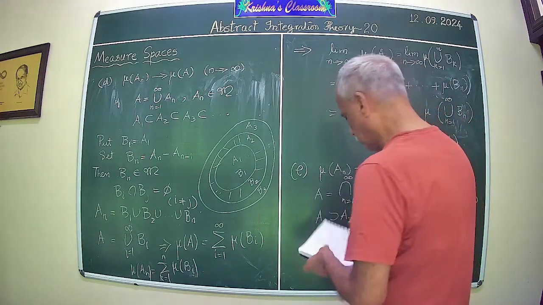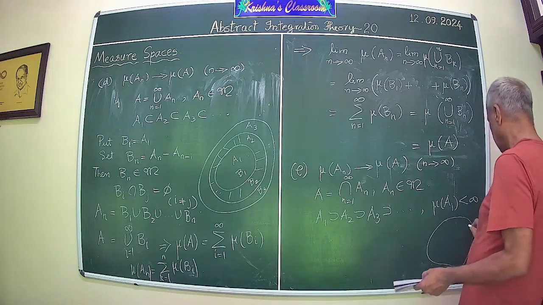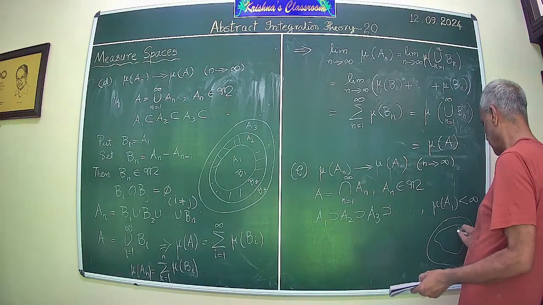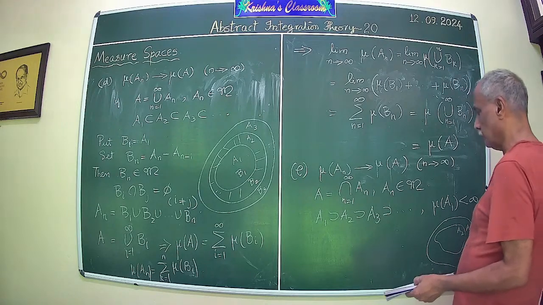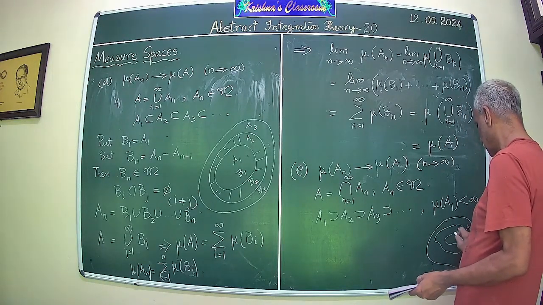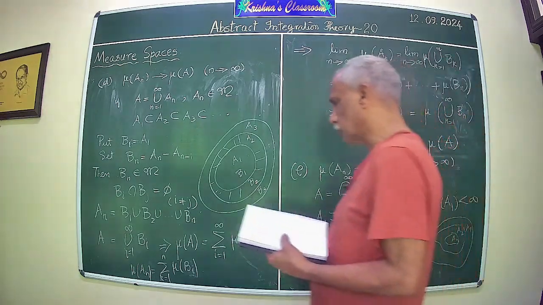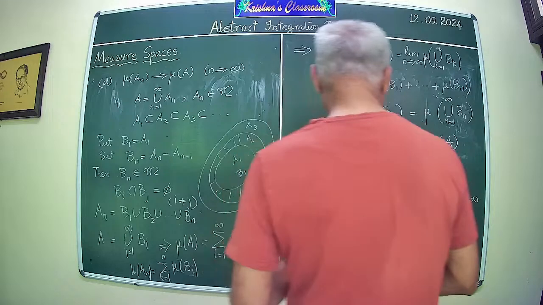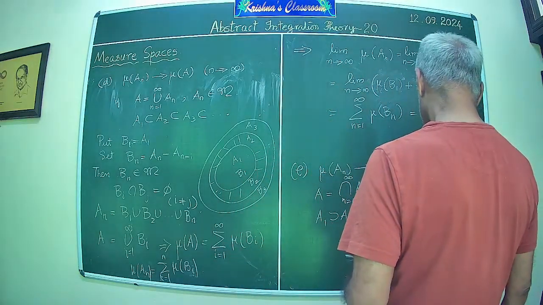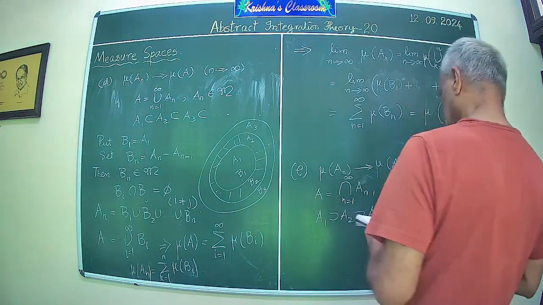Now to prove this, see what we have is this is A1, A2, etc. and so on. So it is telescopic in nature. And we assume mu of A1 is finite.